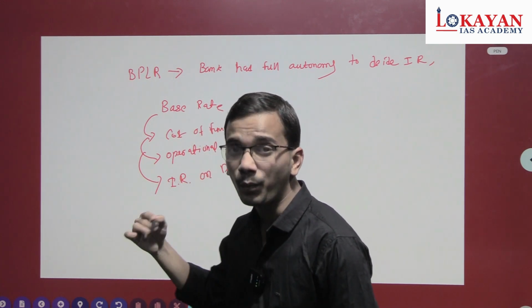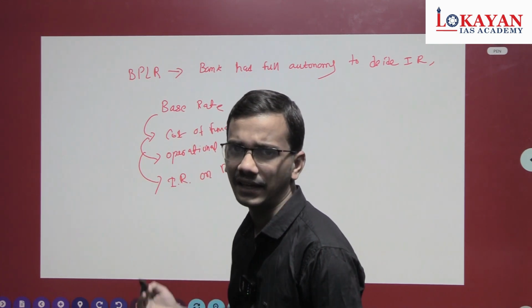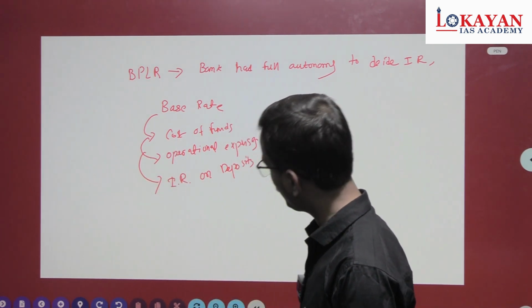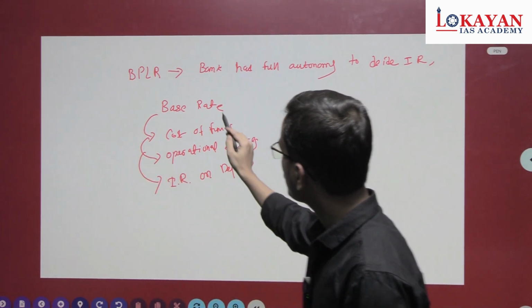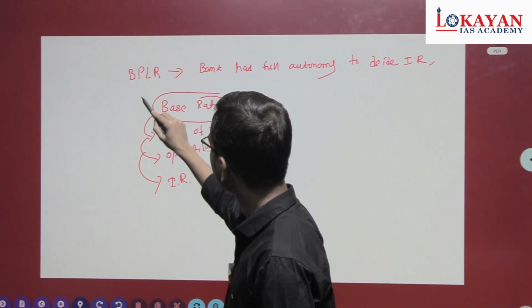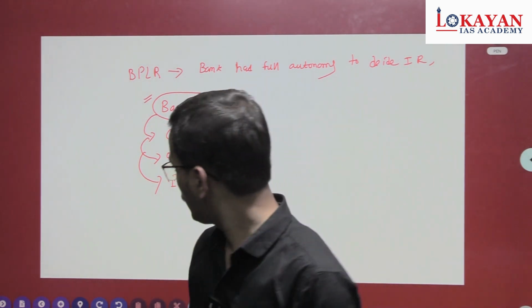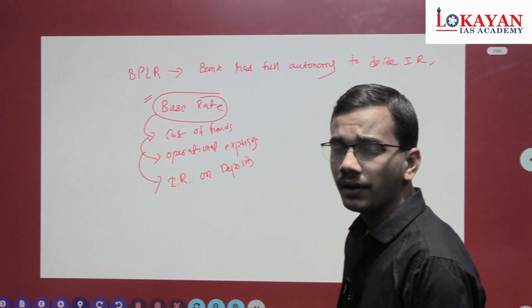These are the major components used to determine the base rate. This is not an exhaustive list, I am giving you an indicative list. So upon this, interest rate of bank for lending loan used to be decided.